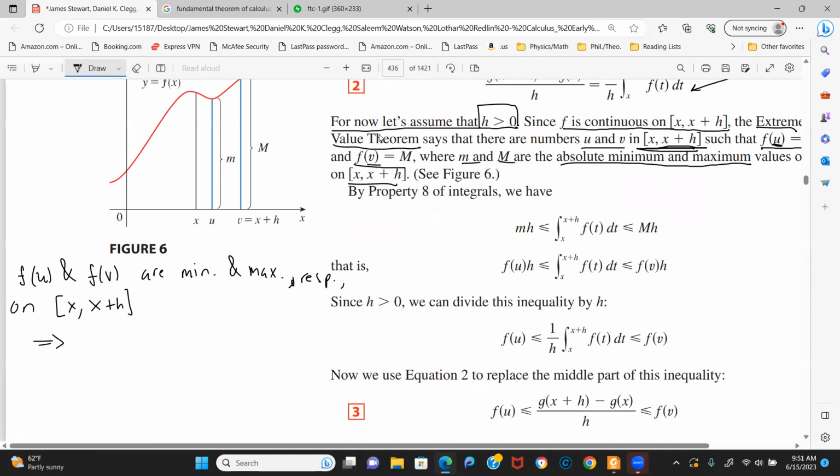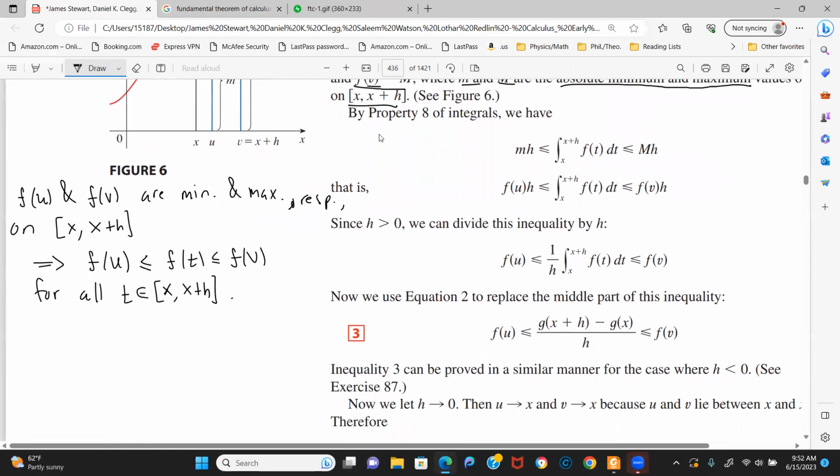That means f of u is less than or equal to f of t, which is less than or equal to f of v, for all t in this interval. So this is the minimum value, this is the maximum, so every value of the function is somewhere between those two.